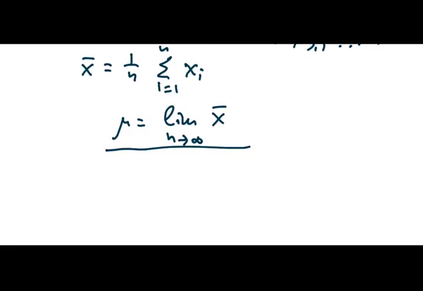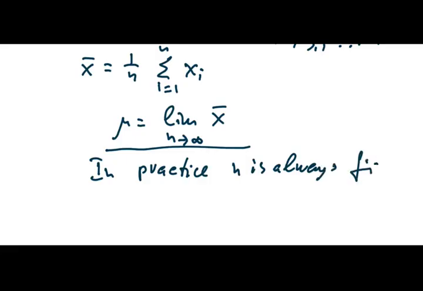But in reality we can't make an infinite number of measurements. In practice, n is always finite, and if we make another n observations, this x bar will have different values.